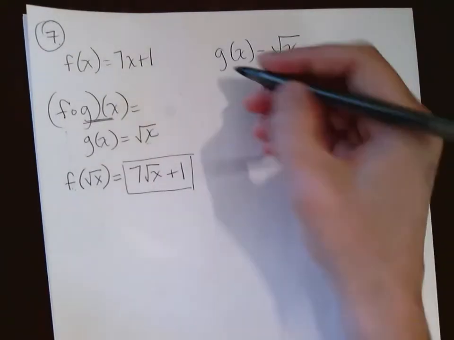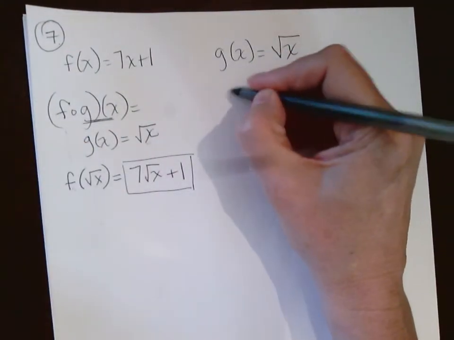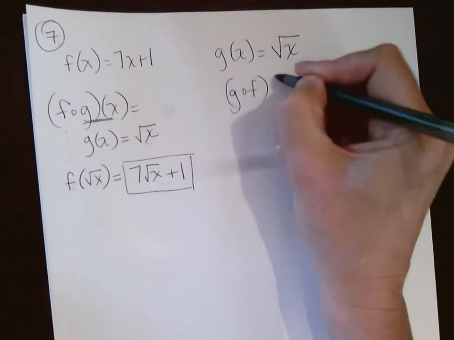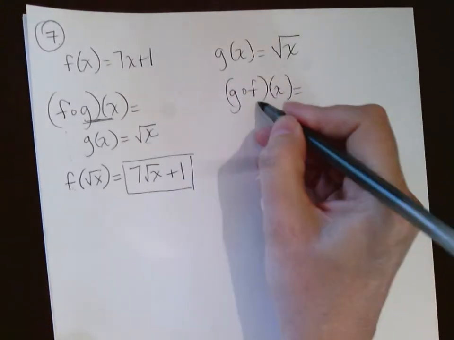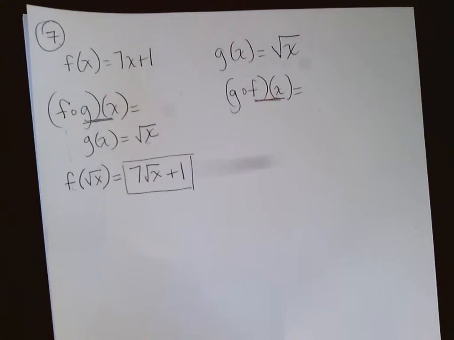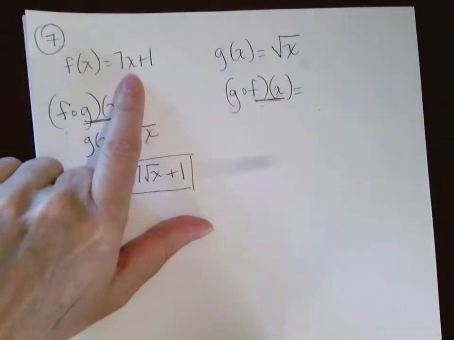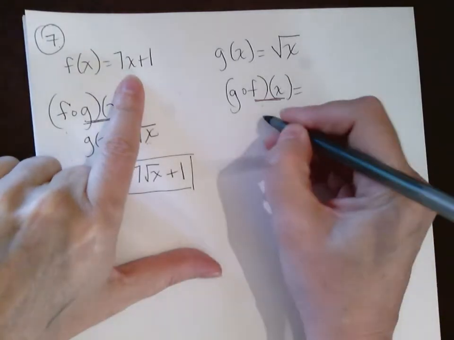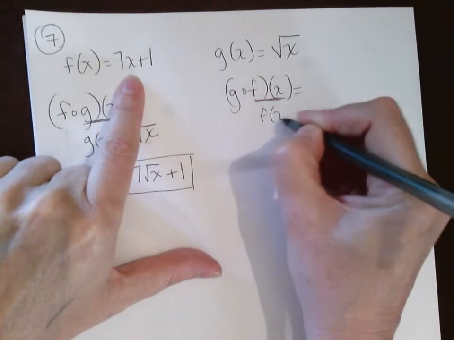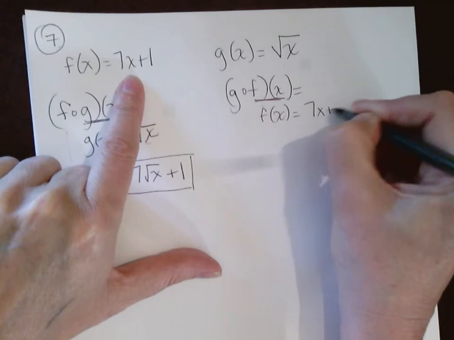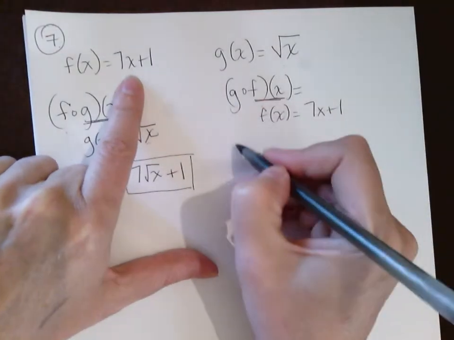Now, I find it the other way. It wants me to flip-flop the f and g. So g of f of x. This time I'm going to go to my f of x function here, which means f of x is 7x plus 1. Drop down my g.